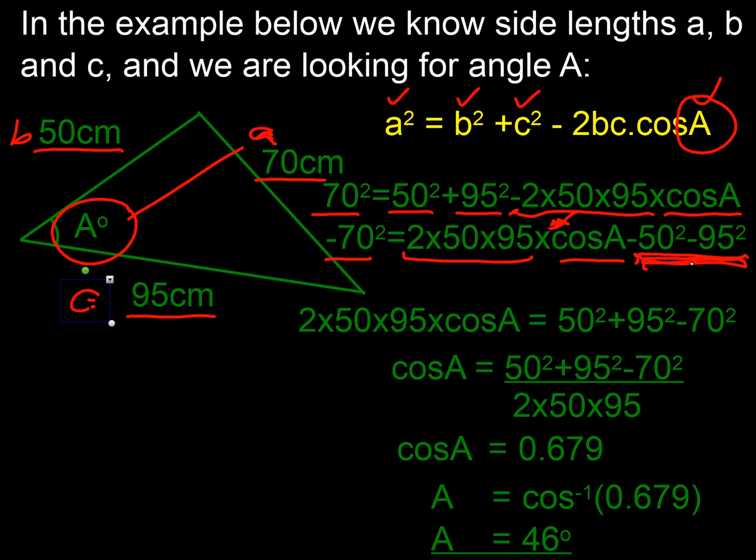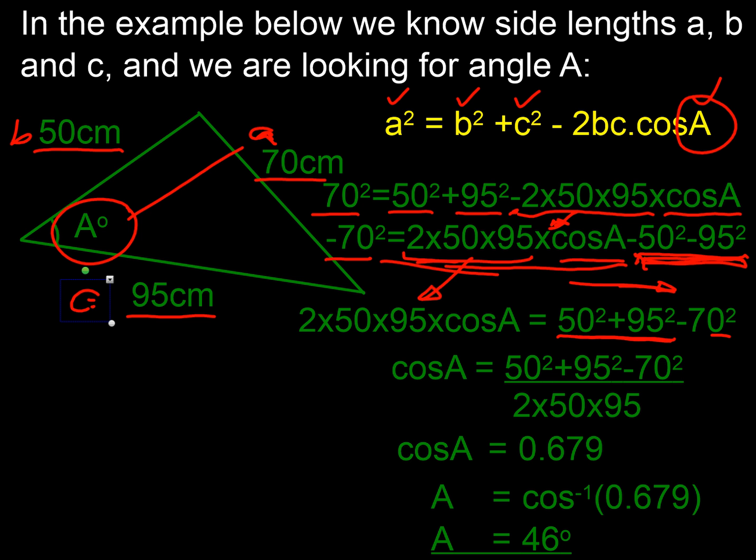So if I add 50 squared and 95 squared to both sides of this equation, then I'm just left with this term here, and I'm going to move that to the left hand side. So here's my adding 50 squared and 95 squared, and there's the 70 squared coming over, and then minus 70 squared there. So I've now got that as the top.